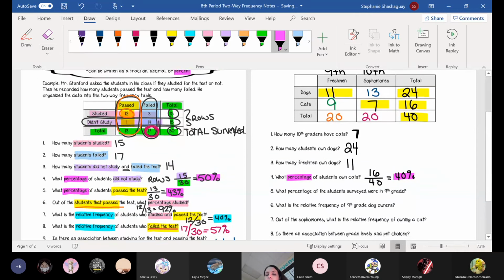What percentage of the students surveyed were in 9th grade? Ninth grade students were 20. So 20 out of 40 is equal to 50%.